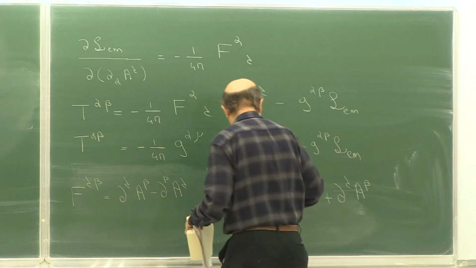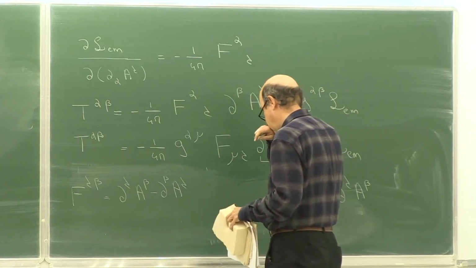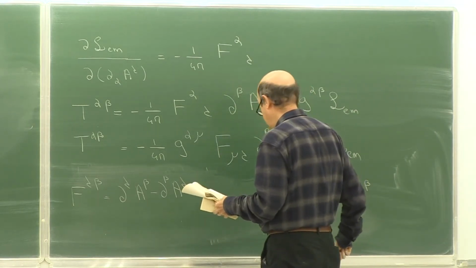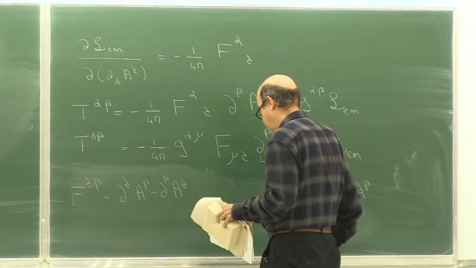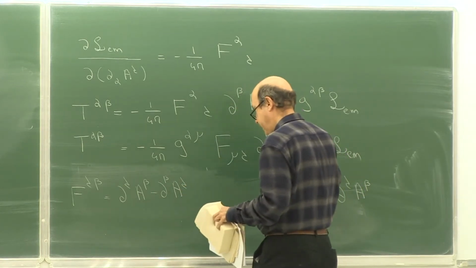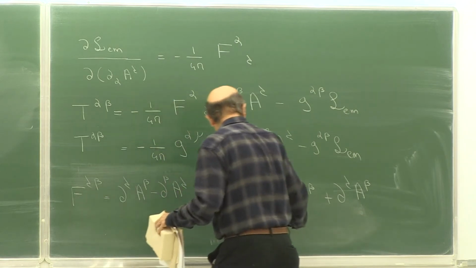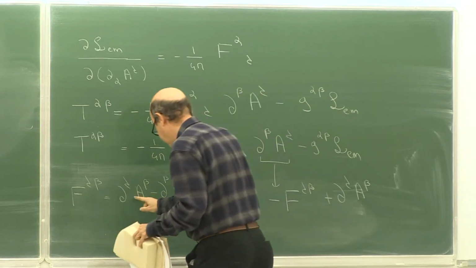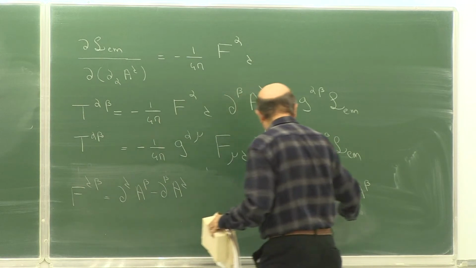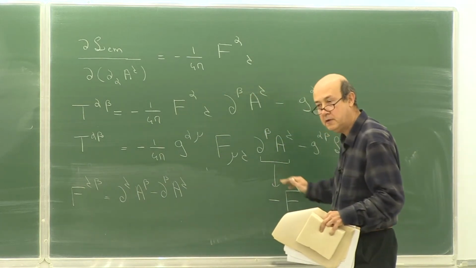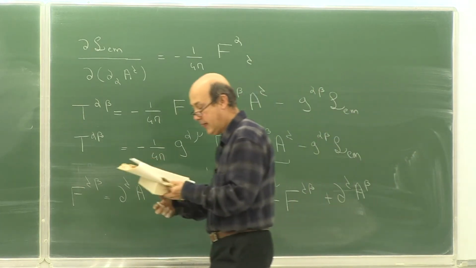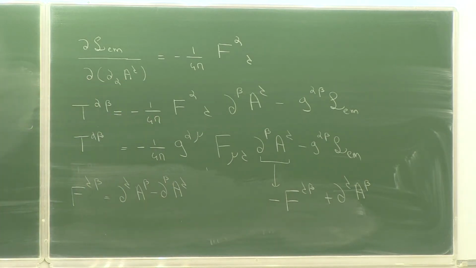Okay, F^{βλ} is equal to minus F^{λβ}. It goes there as minus and plus of that. Okay, just plug this information here. Then T^{αβ}.